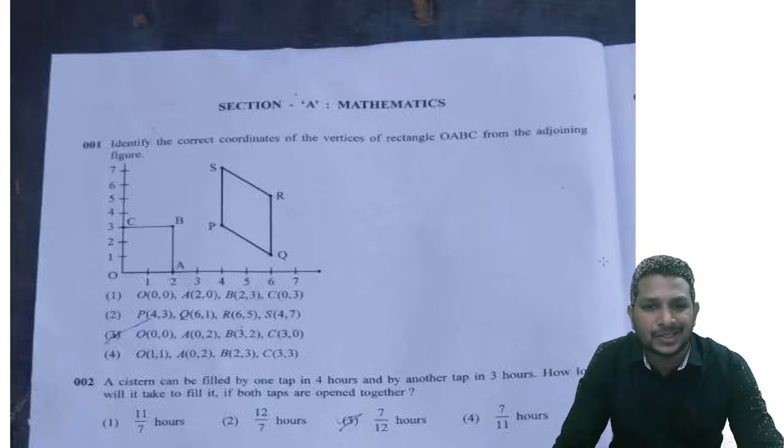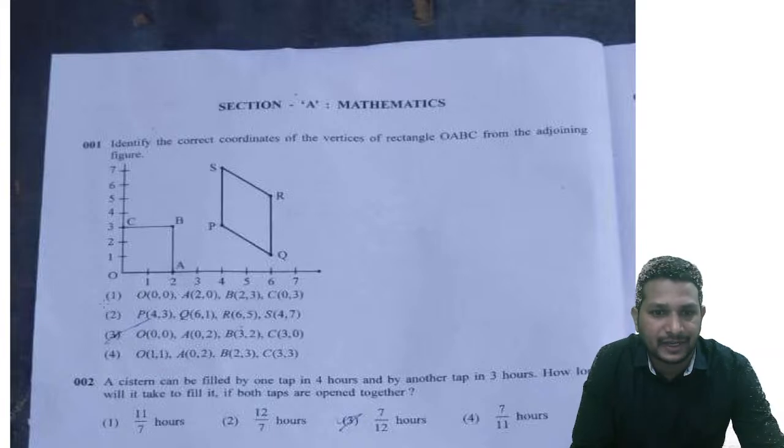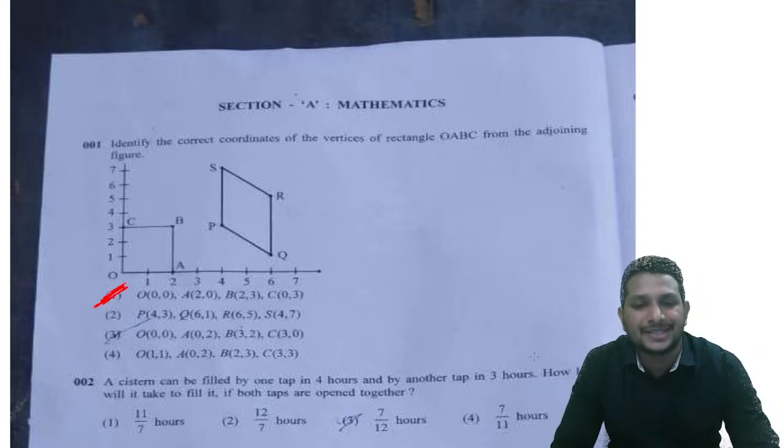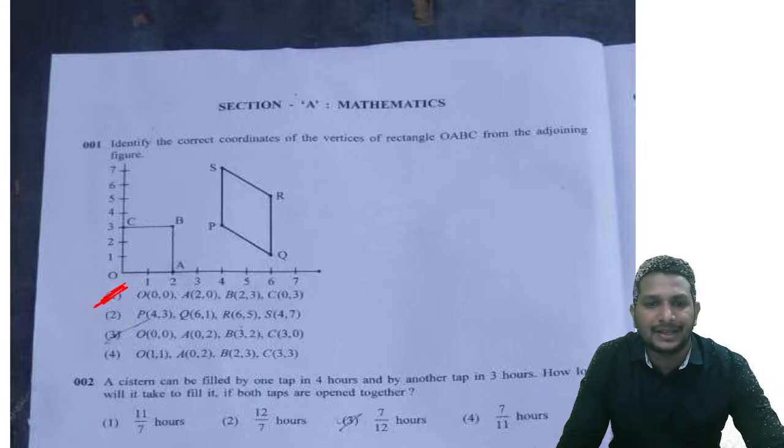So the answer for this question is option A, the first option: O is 0, 0, A is 2, 0, B is 2, 3 and C is 0, 3. Now let's see the next question.